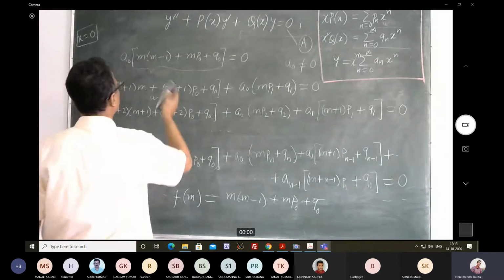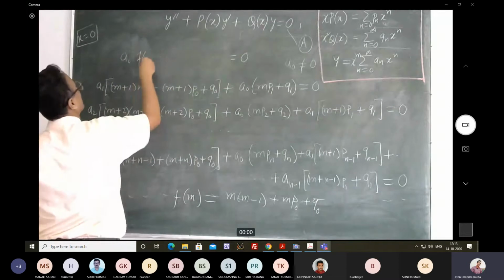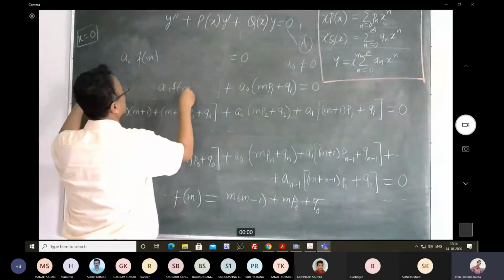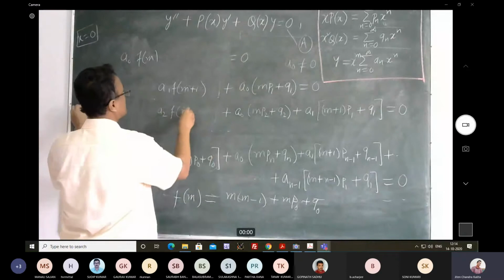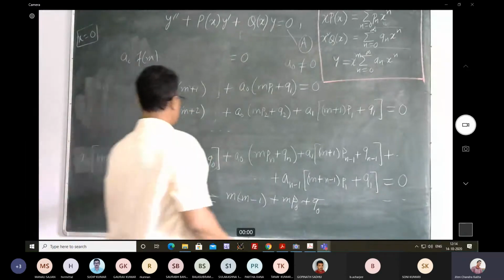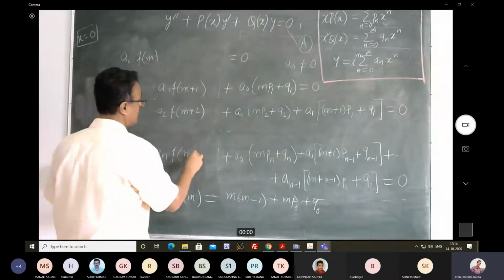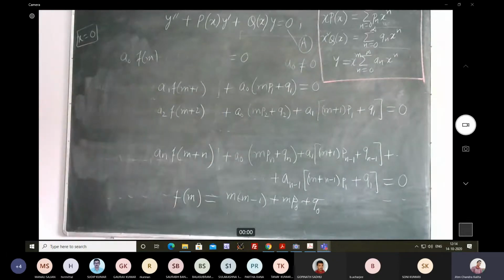Okay, fine. So now let me just simply replace them. So this is f(m), this is a1 f(m+1), then a2 f(m+2), and here your an f(m+n). Okay, fine.